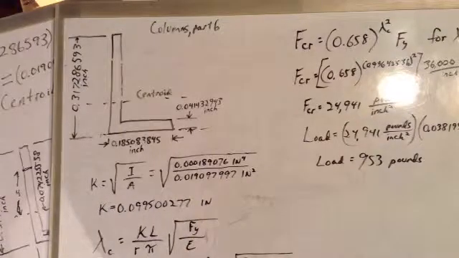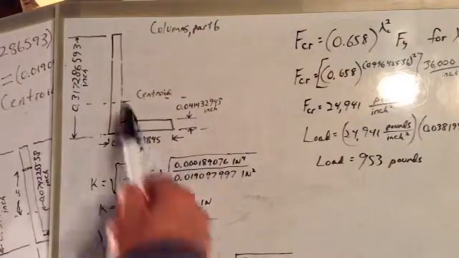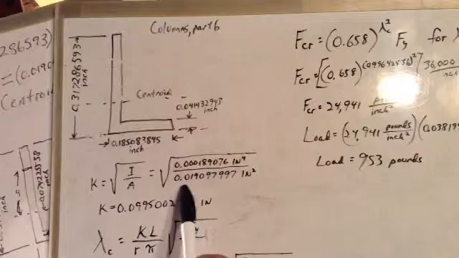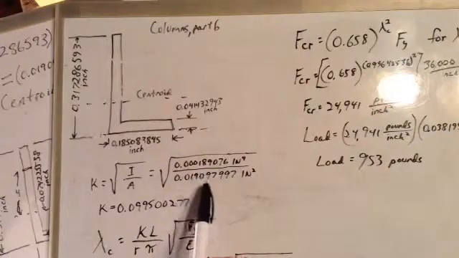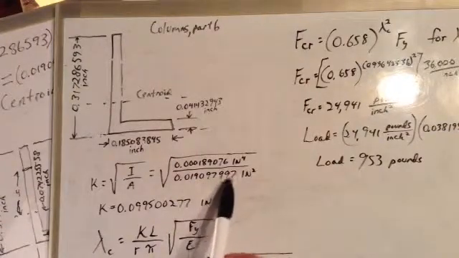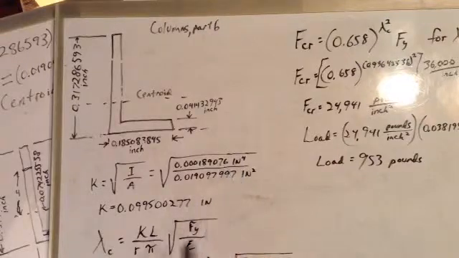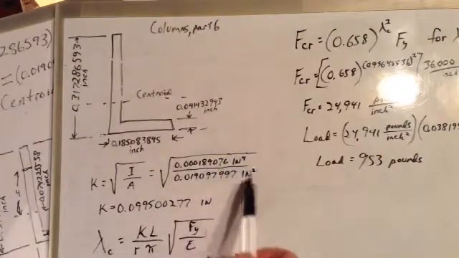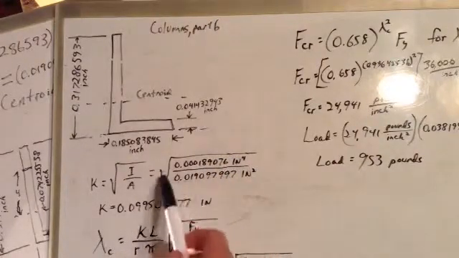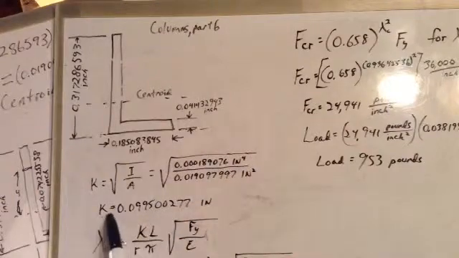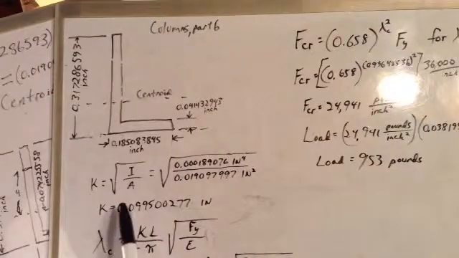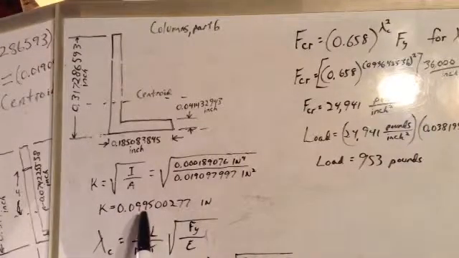And the area of this L is 0.019, 19,000ths of a square inch. So we take that number and divide it by that number, and then we take the square root of it. It gives us this number. That is our radius of gyration. That's the number that we spent the last several videos trying to find.